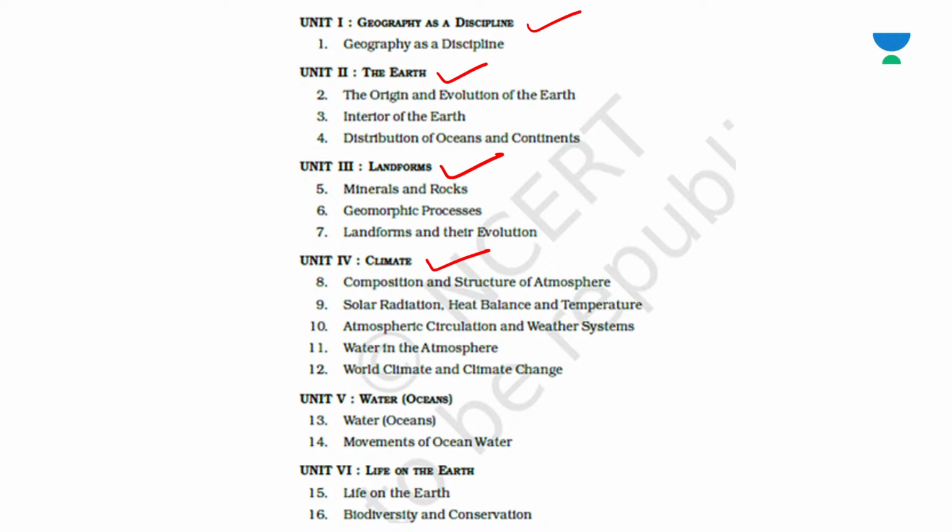We have discussed the solar system in detail. Then we have covered the moon. Then friends, we have discussed the evolution of the Earth, then evolution of the lithosphere, evolution of atmosphere and hydrosphere.